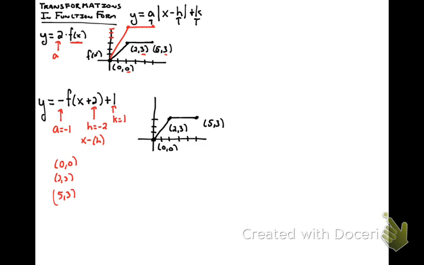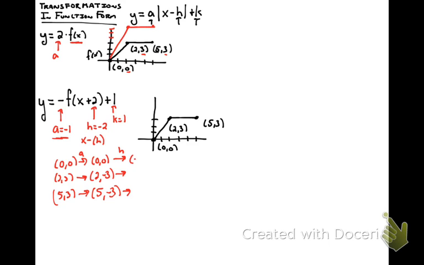Let's deal with a first. A is causing a reflection across the x-axis, so all the y values are becoming opposite sign. So with a, they become 0, 0, 2, negative 3, and 5, negative 3. Now we have to deal with h, which is a horizontal shift of 2 to the left, which means the x values are moving left too.